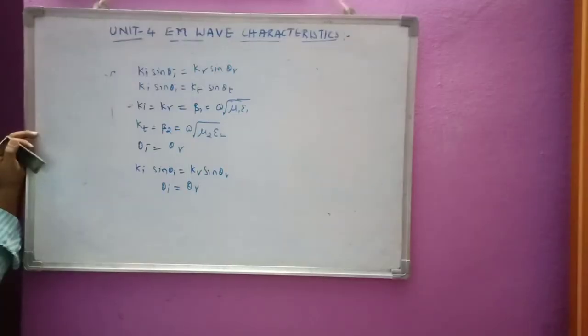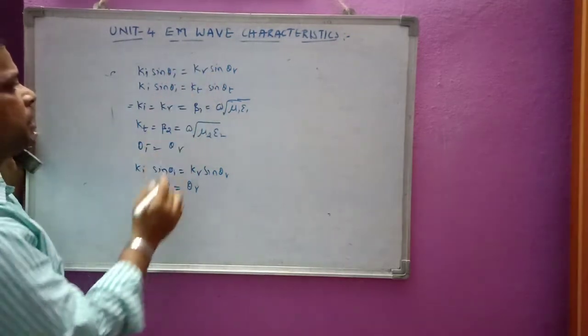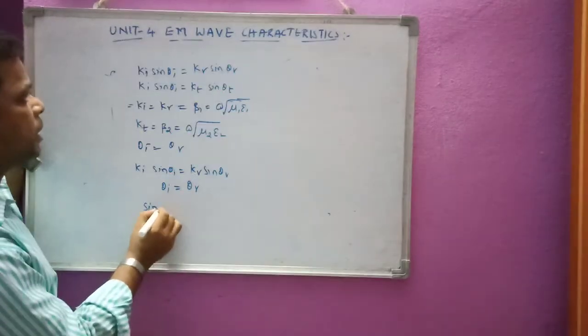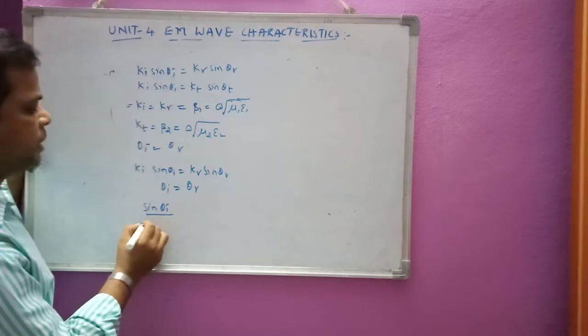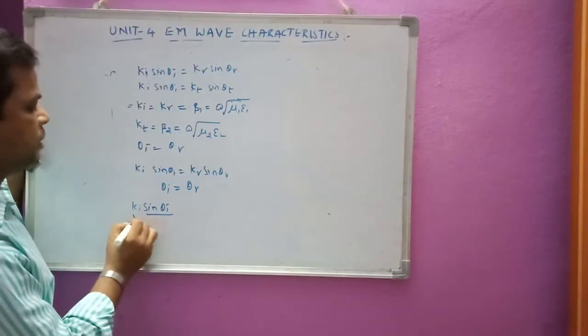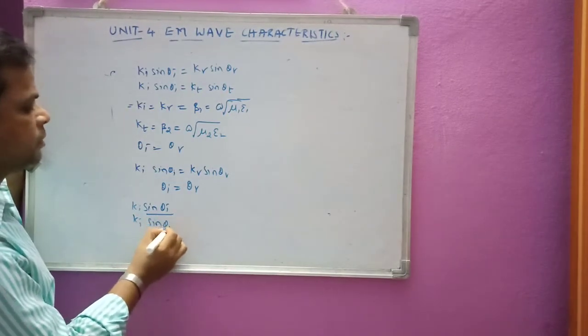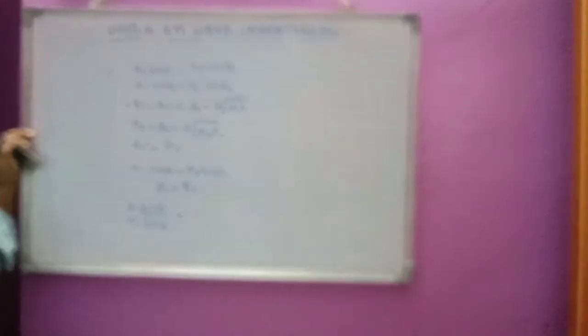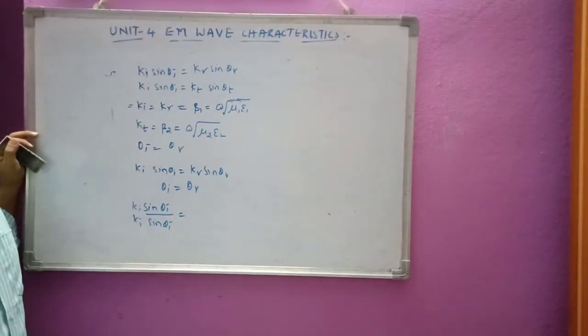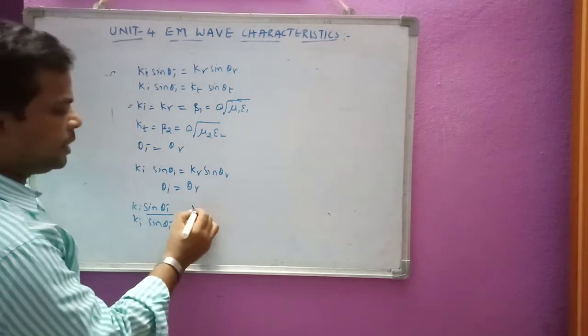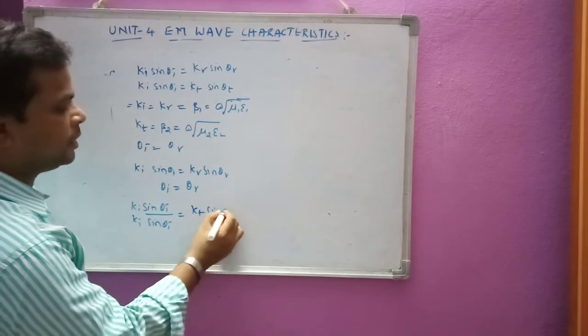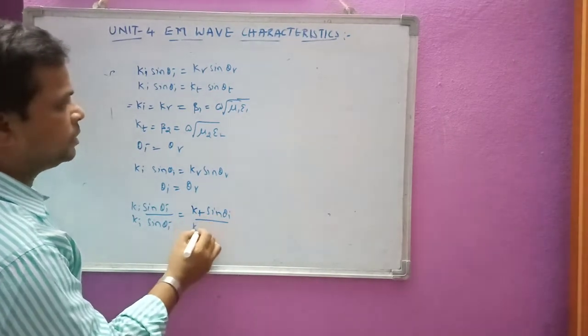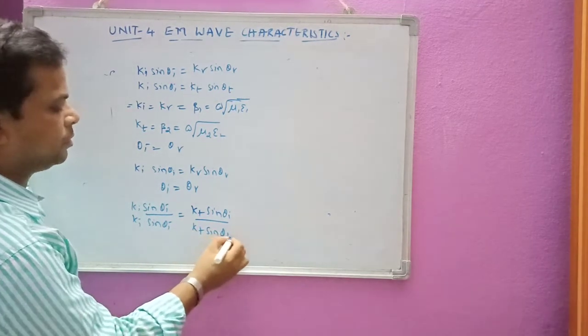And similarly, if I divide these two equations, that is ki sin theta i by ki sin theta i, that is equivalent to kt sin theta t by ki sin theta i.